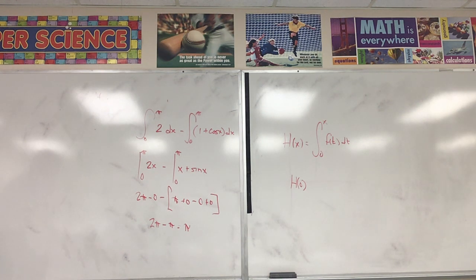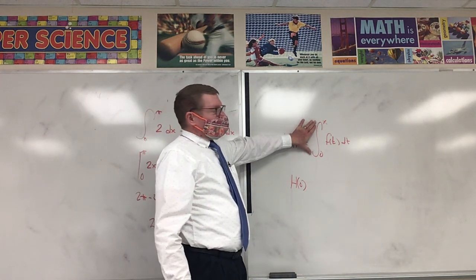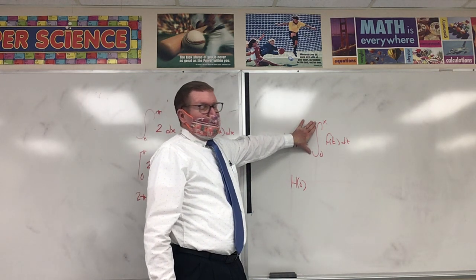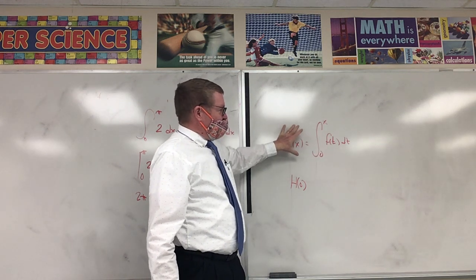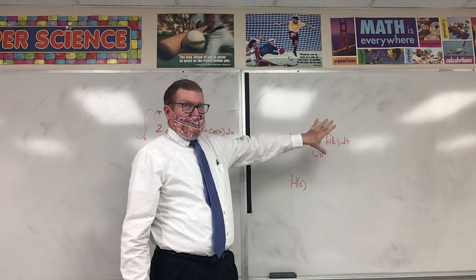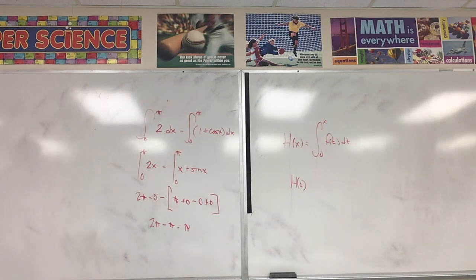Increasing means what? It's going up. Slope. But again, remember, we're looking at integrals here. So basically h of x is the antiderivative, so I'm looking at the area. Where is the area positive? 0 to 6.